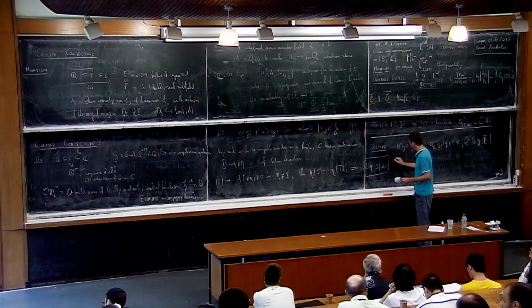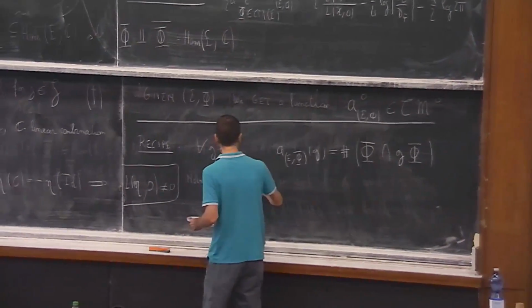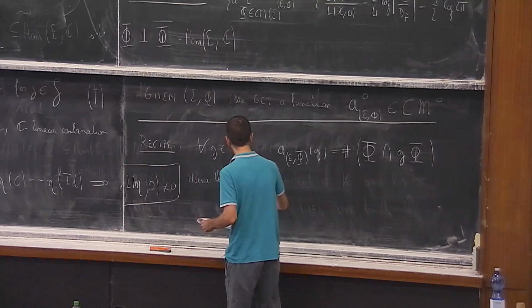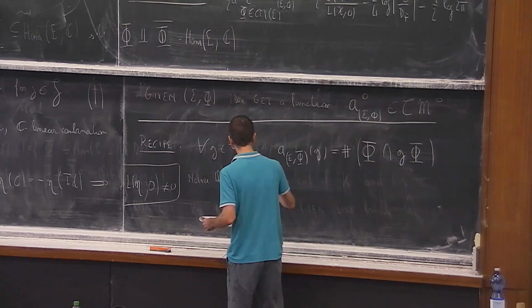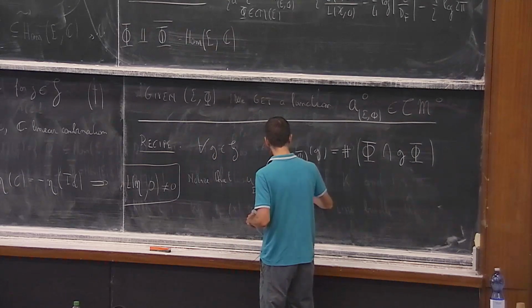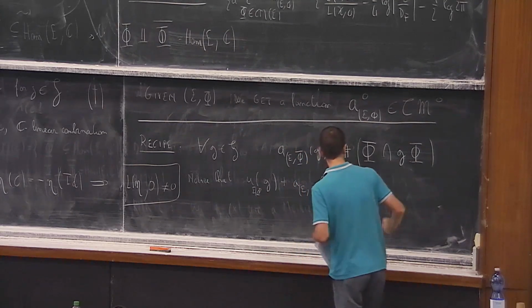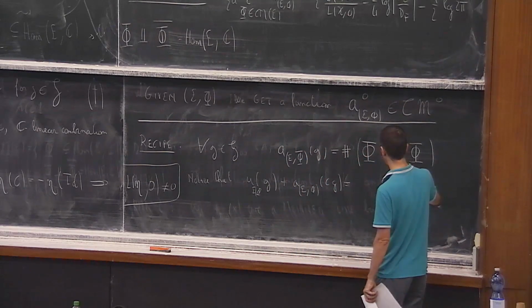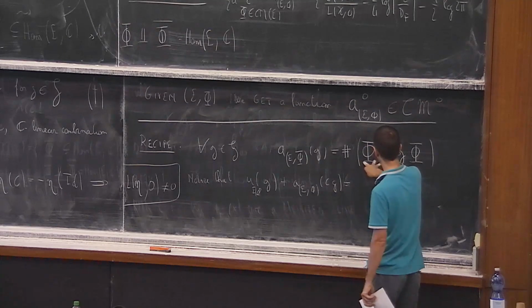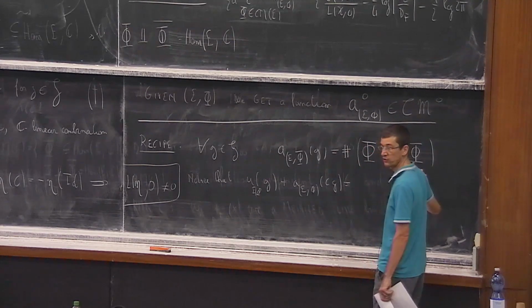So notice that A_E,phi of g plus A_E,phi of cg, well, since c is a central element, it's simply the intersection of phi with g phi and its complex conjugate.